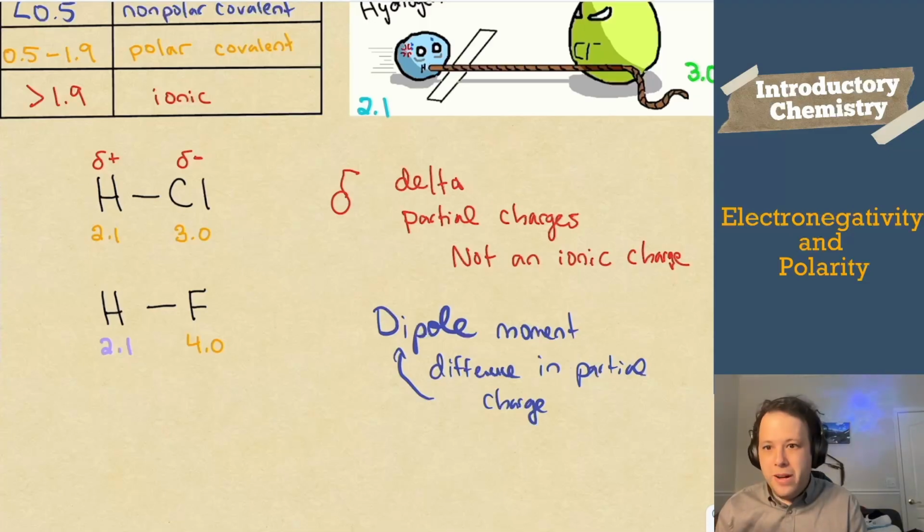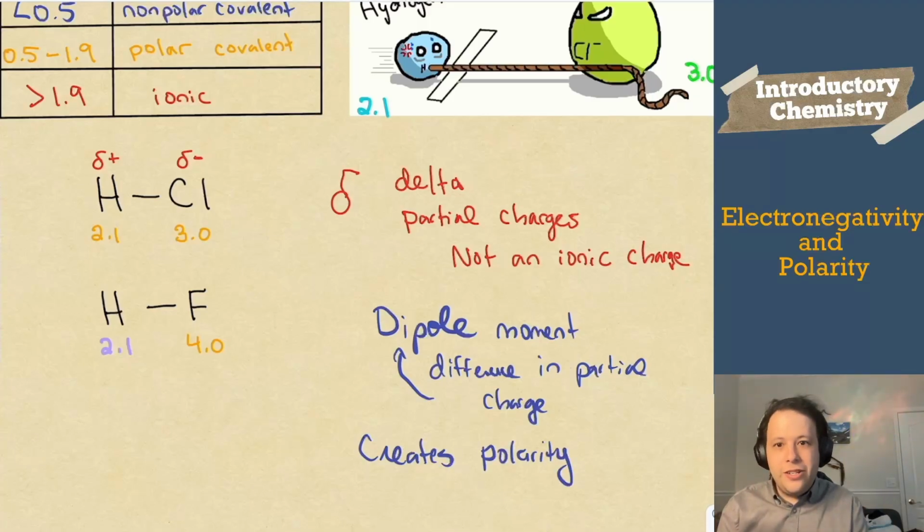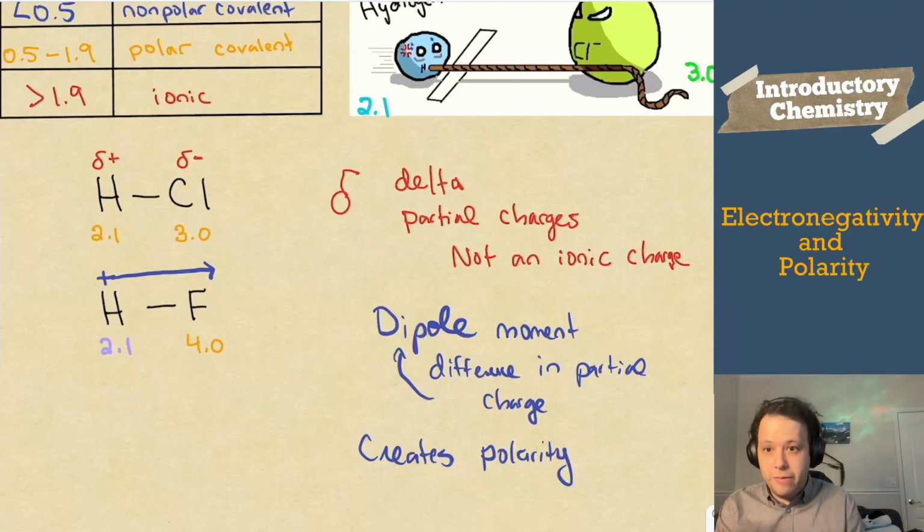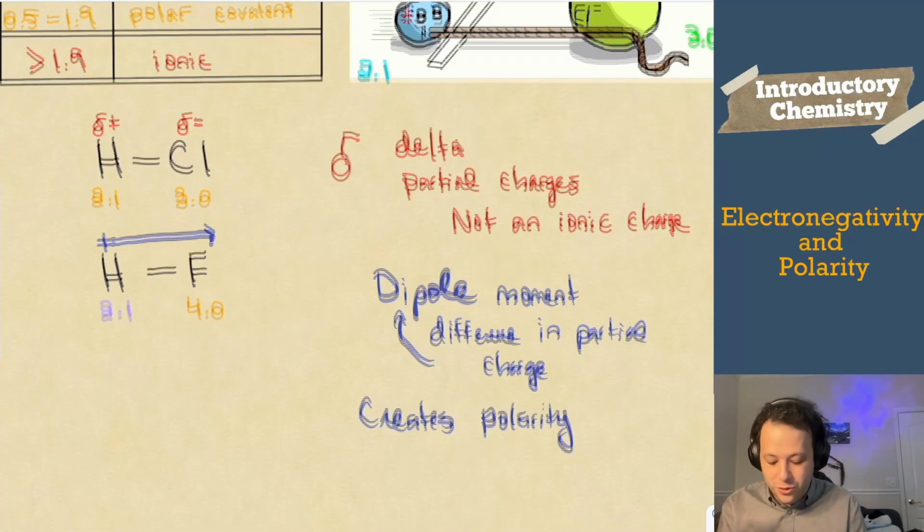So whenever a molecule has a dipole moment, this creates polarity. The way we can show this is we can use the deltas from before, or we can use a plus on the hydrogen, but remember this is a partial positive. We then create an arrow pointing towards the fluorine. So this tells you that hydrogen has a little less of the electrons, but it's getting pulled towards the fluorine, and that's why the arrow is going towards that.